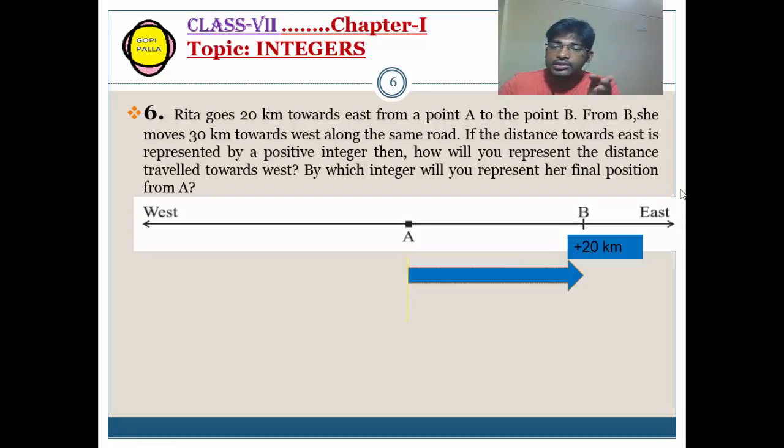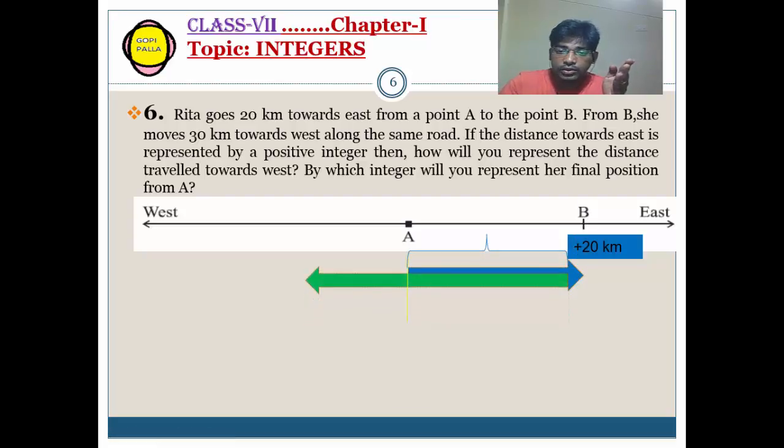So from B she has again traveled back towards west in the same road, 30 kilometers. If towards east is positive, because as per the question the distance towards east is positive, then towards west is negative. So she has traveled minus 30 towards west.